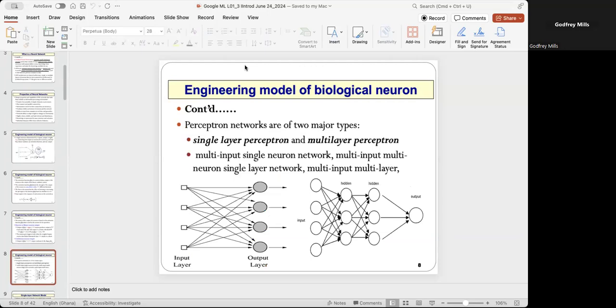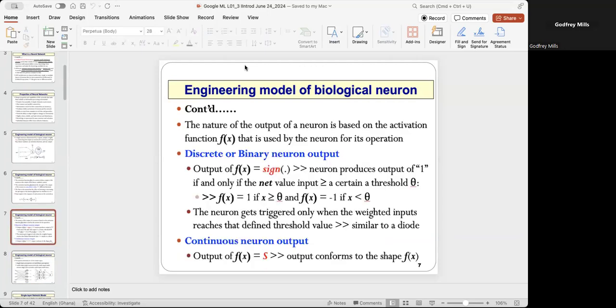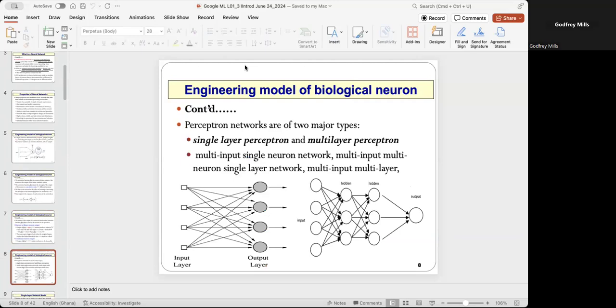Now we look at the types of network. As we mentioned, the artificial neural network can have a one-layer structure, so we can have only one single layer here. That single layer we refer to as a single layer network.